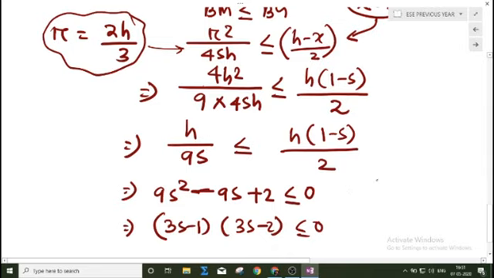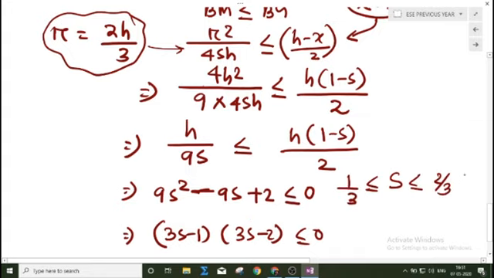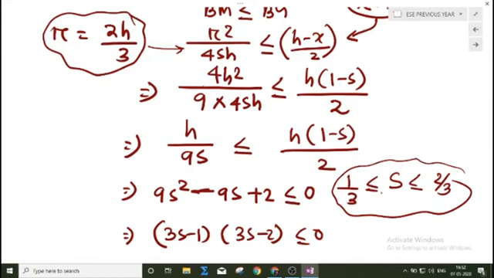What is the range we are getting for s? It should be greater than or equal to 1 by 3 and less than or equal to 2 by 3. So this is the condition: if the specific gravity of the body lies between 1 by 3 to 2 by 3, then the body will be in unstable equilibrium condition.